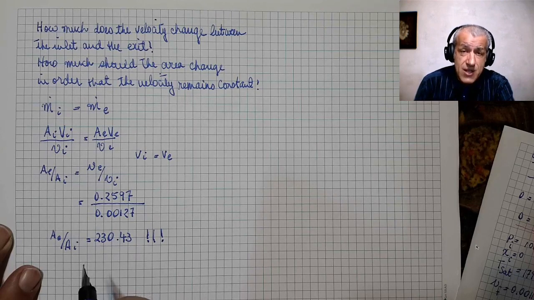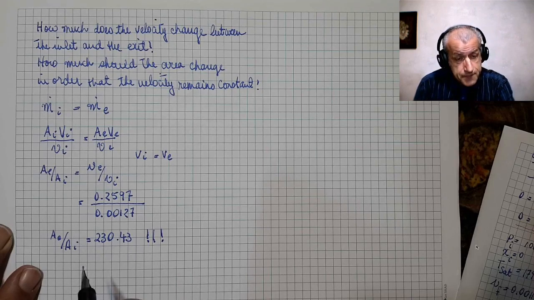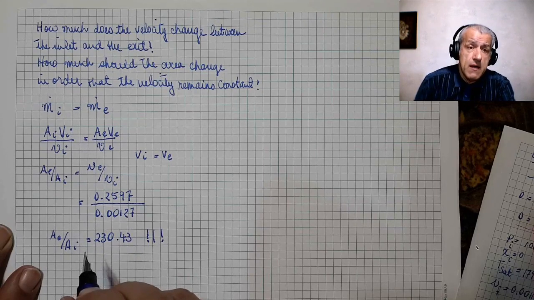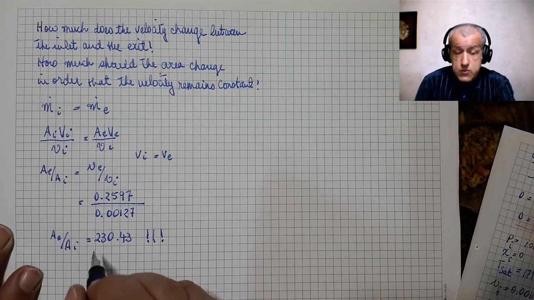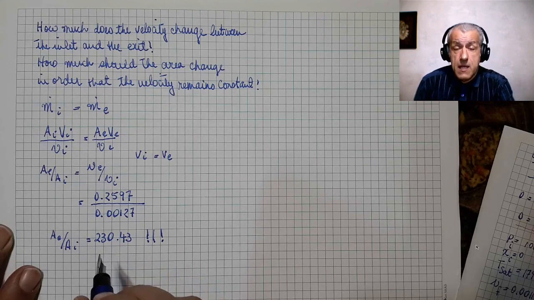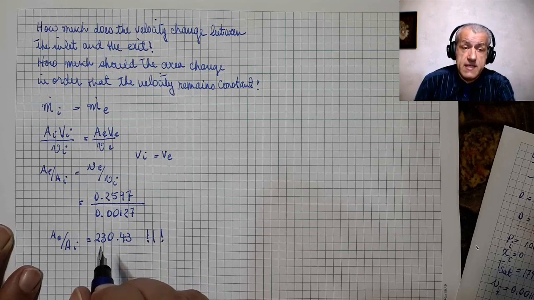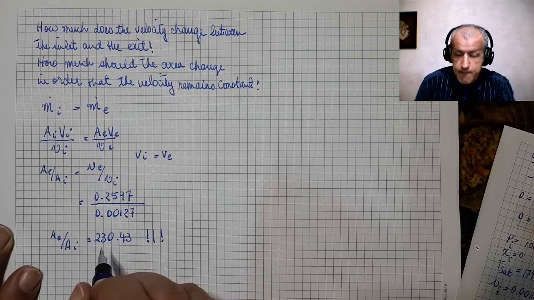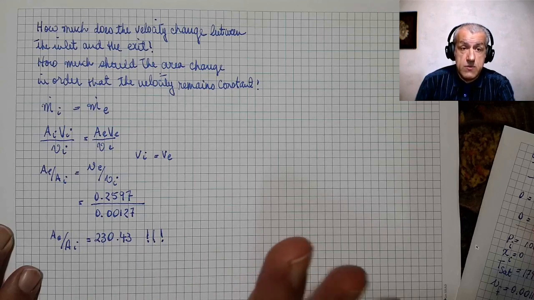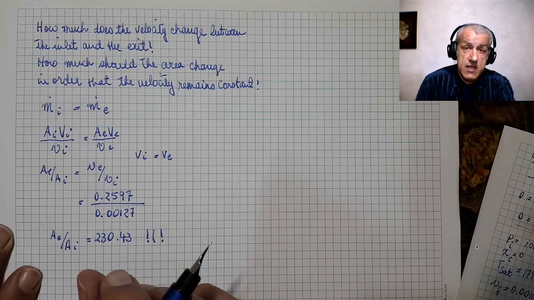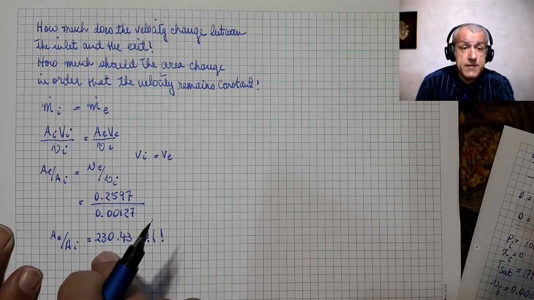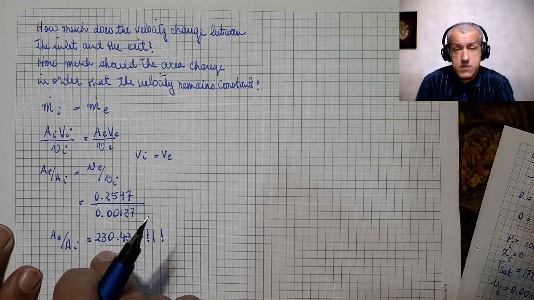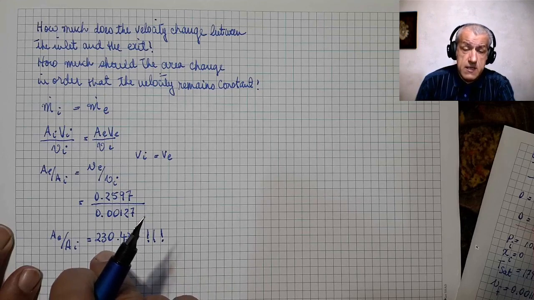That's a large, large value. It's not small. Alternatively, if you keep the area constant, the velocity would increase 230 times. It means that a 1 meter per second velocity at the inlet would end up at 230 meters per second. That goes very much into the compressible range, which is quite a high velocity for an inlet velocity of 1 meter per second.